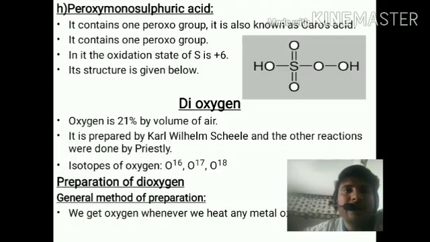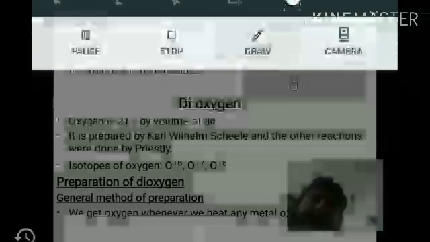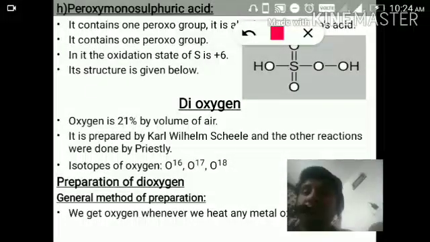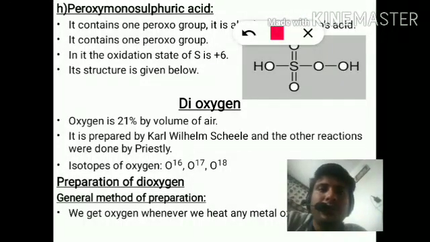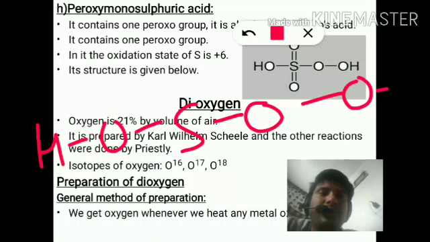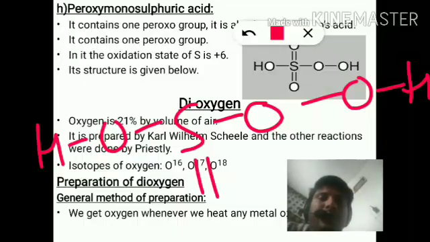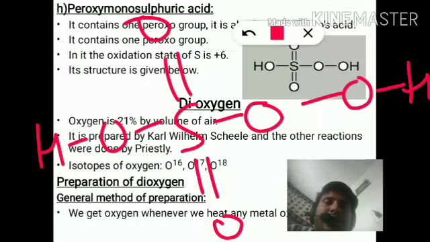Okay, how can we determine the oxidation number? Look at that: HO-S(=O)(=O)-O-O-H.